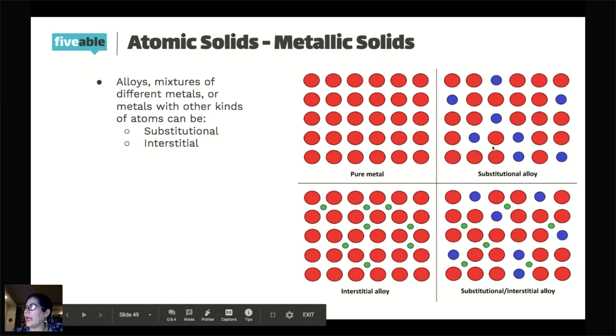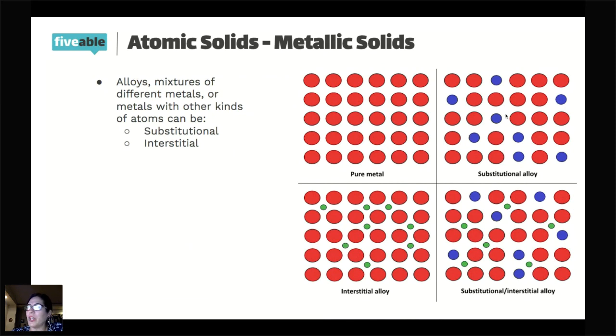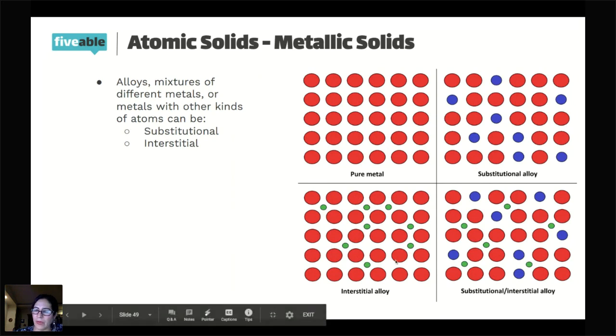On this corner, we have a substitutional alloy in which the main metal is introduced with another metal with atoms of similar size. And an interstitial alloy is where the main metal is introduced with another metal or with different atoms of smaller size, filling the gaps that are left by the general arrangement of the metals.